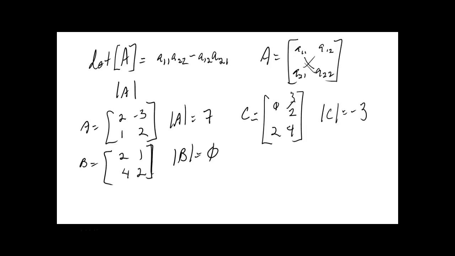Now, when you have bigger matrices than 2 by 2, 2 by 2s are a piece of cake. I love them. They're so simple. But when you have a bigger one than that, to define a determinant of a matrix of order higher than 2, it is convenient to use, they say it's convenient to use, minors and cofactors.